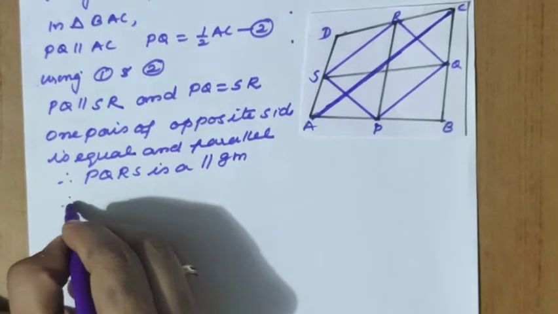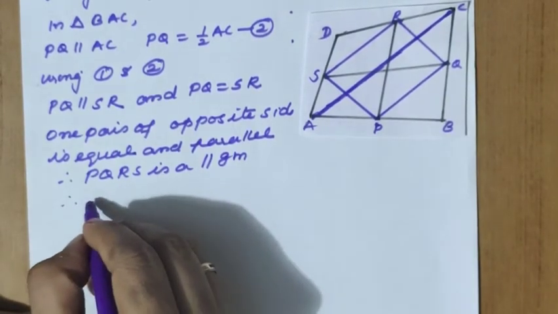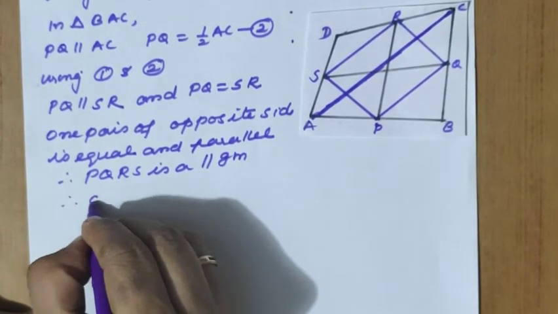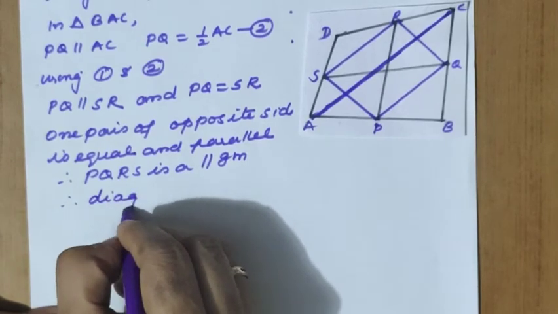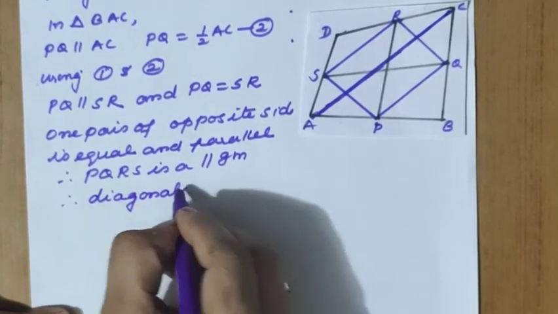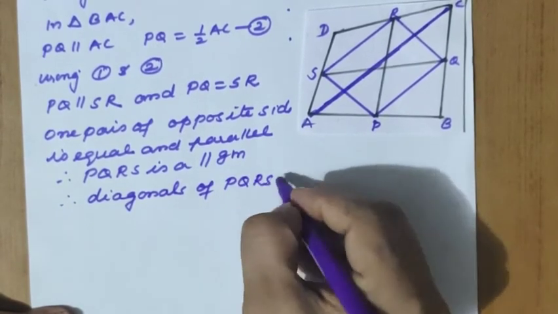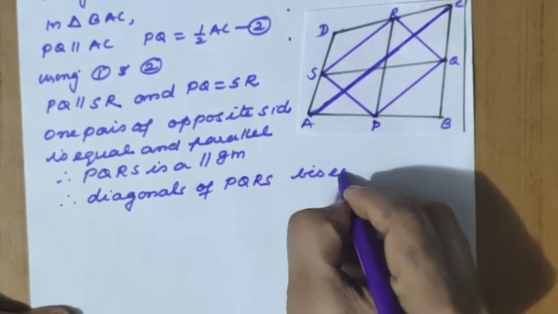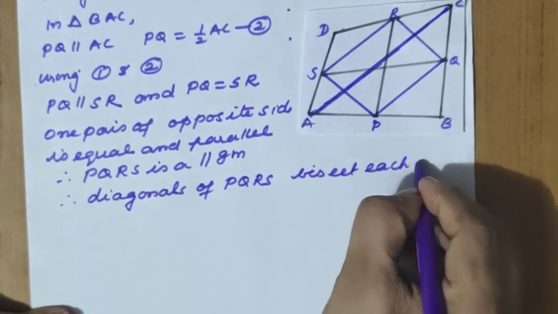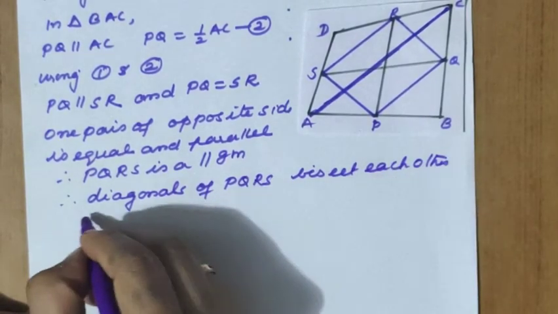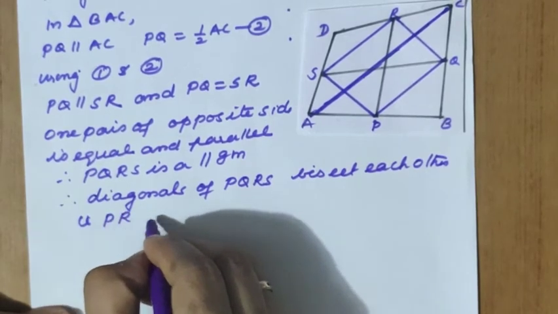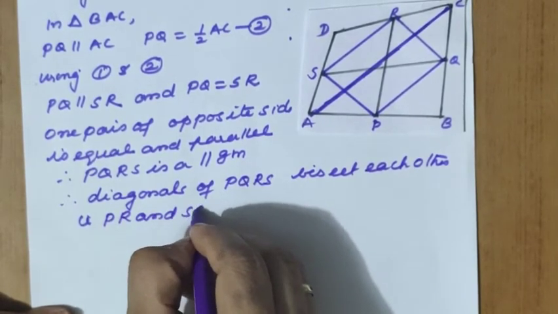So PQRS is a parallelogram. Therefore, the diagonals of PQRS bisect each other, that is, PR and SQ bisect each other.